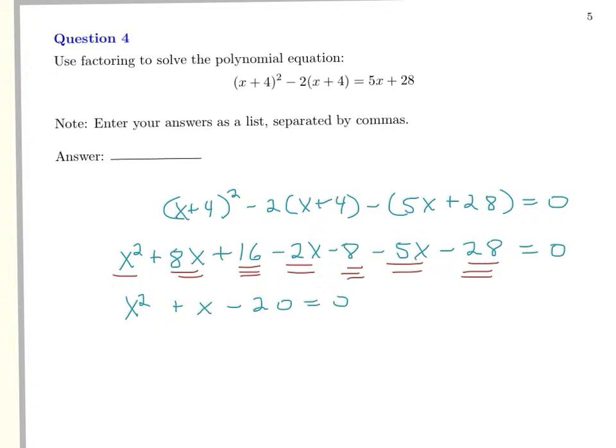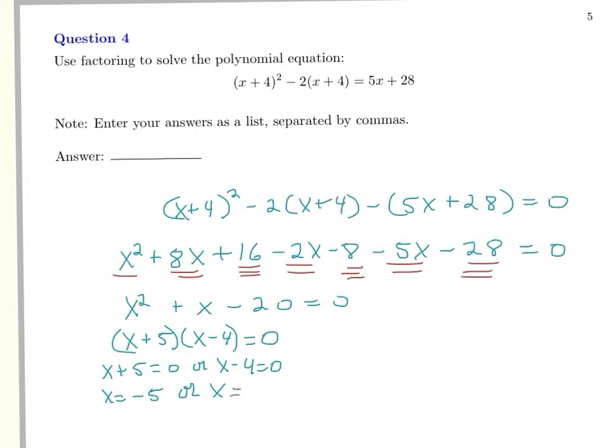And this factors into x plus 5 times x minus 4. So either x plus 5 has to be 0 or x minus 4 equals 0, which gives me either x equals minus 5 or x equals 4. And again, I enter the answers separated by commas, like that.